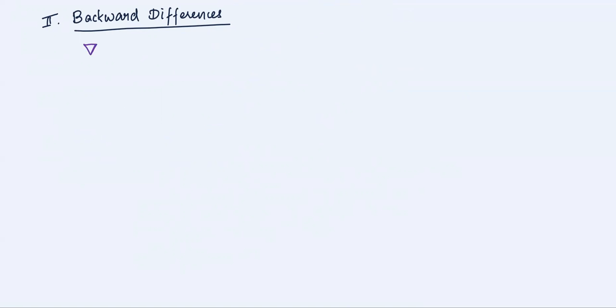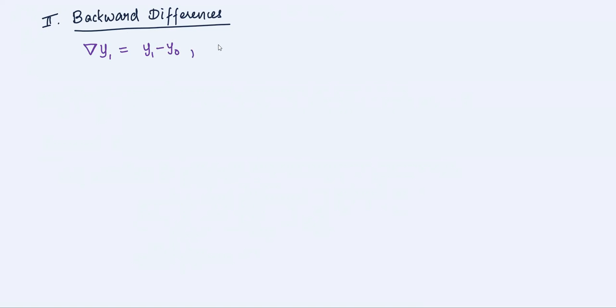Nabla is the reverse operator. It is not delta, it is nabla. Nabla y1 will be y1 minus y0. You are going back, taking its difference from the previous function value.